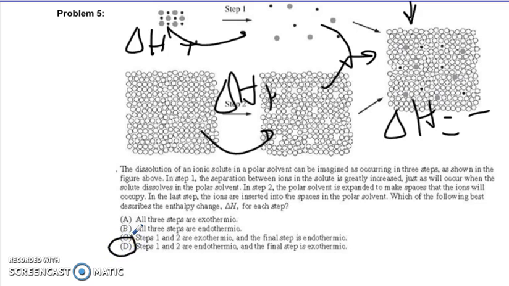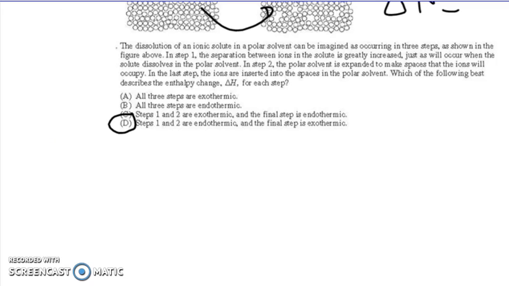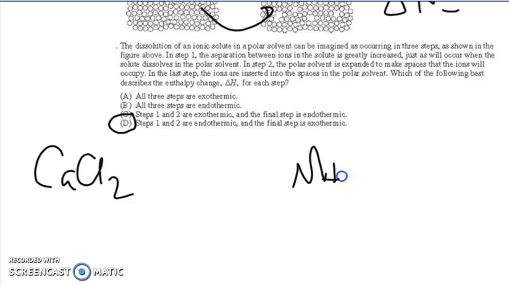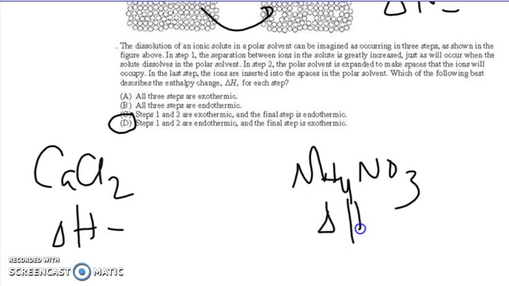But do you remember back in the case when we had calcium chloride in water, and then we had ammonium nitrate? The net result was exothermic here. The net result was endothermic here. So why was this exothermic? Because the attraction was more exothermic than the two breakups.